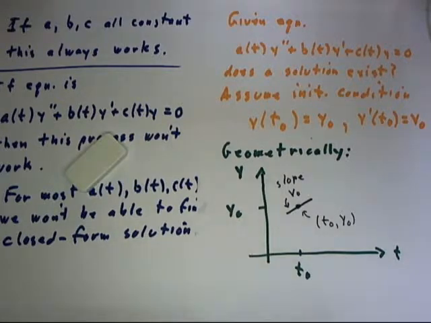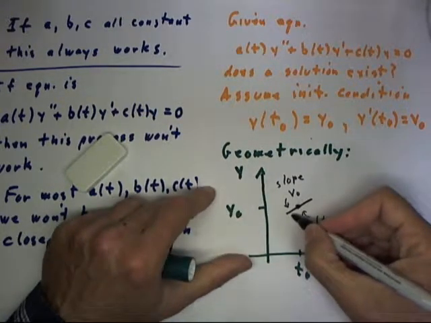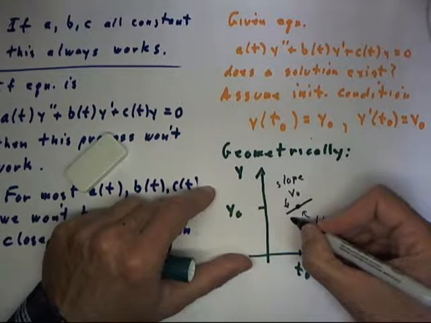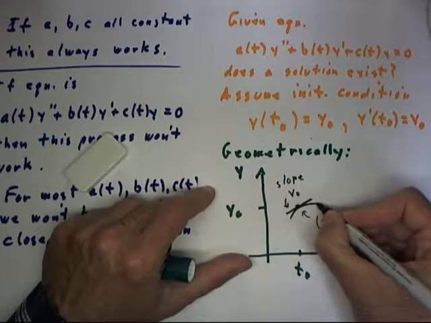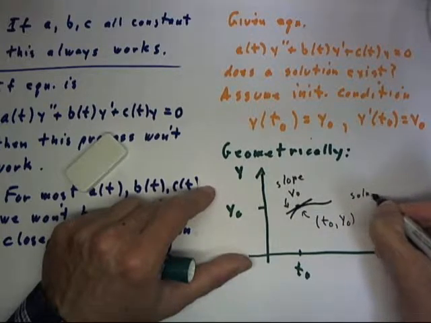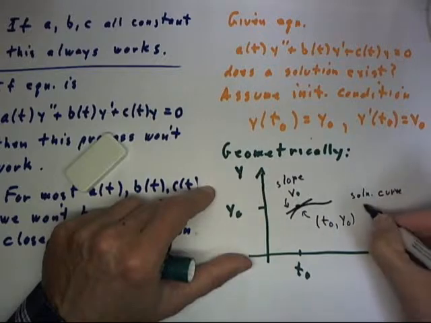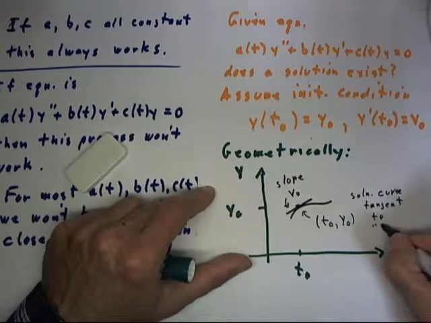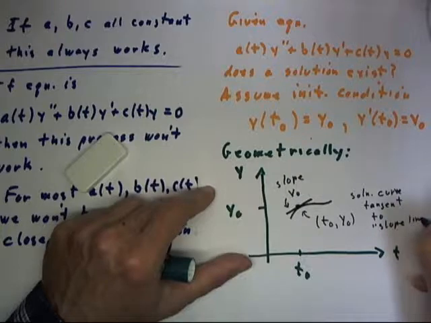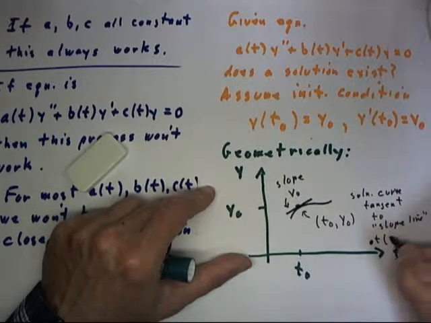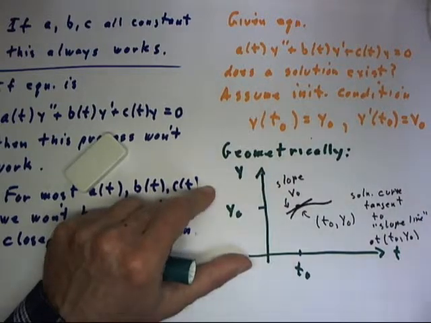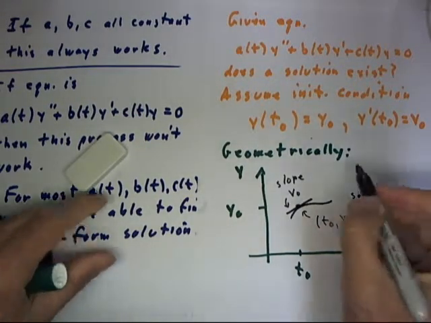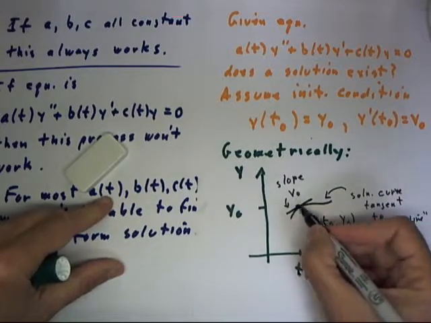So if there's a solution to the function in the neighborhood of this point, that solution can be represented by a curve which is tangent to the slope line at t naught, y naught. So our solution curve might look something like this.